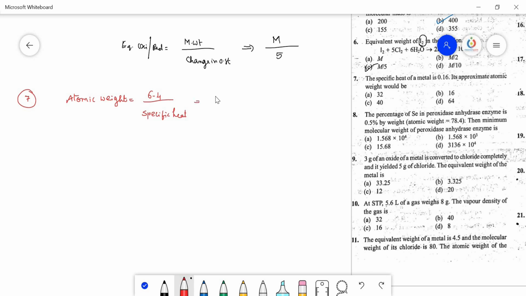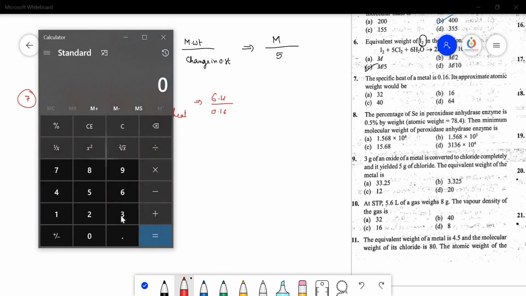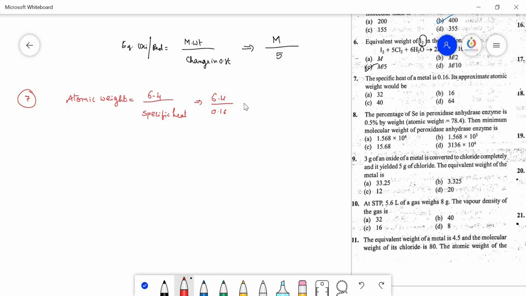So here 6.4 is the constant value, and they are asking us to calculate the approximate atomic mass. The specific heat of the metal is 0.16. So let's try to do that. 6.4 divided by 0.16 equals 40. The atomic mass of the metal is 40. So option C is correct for the 7th question.